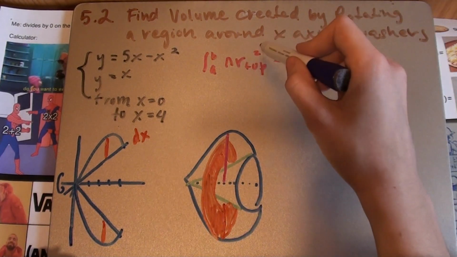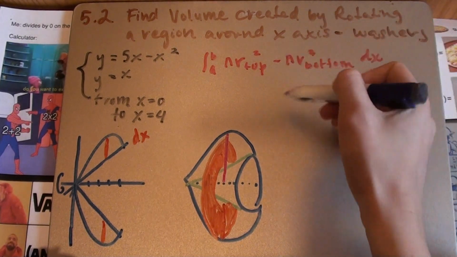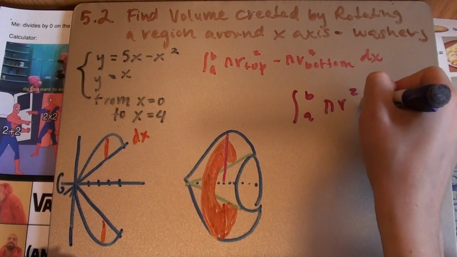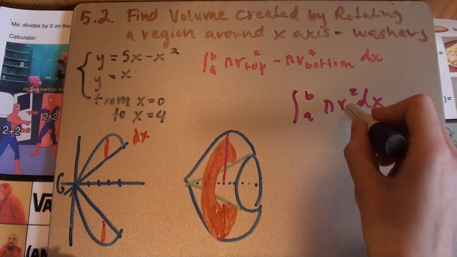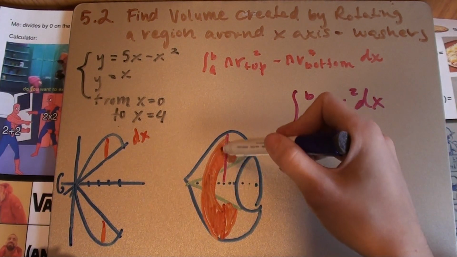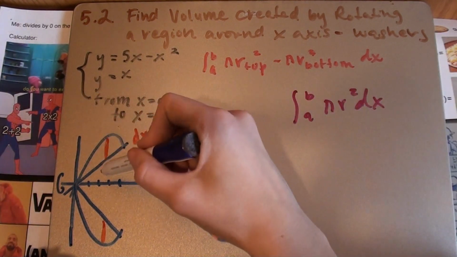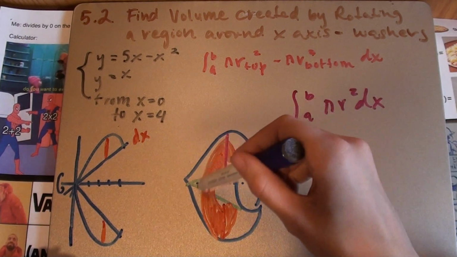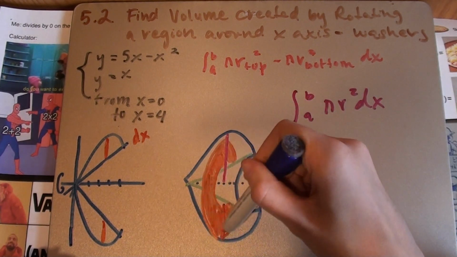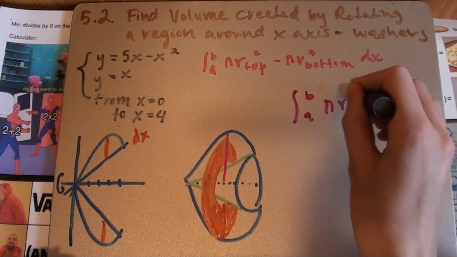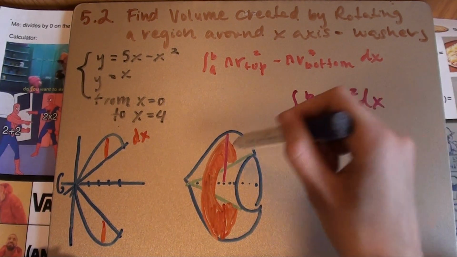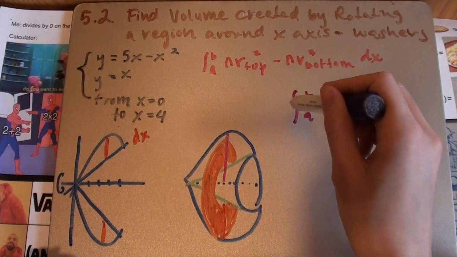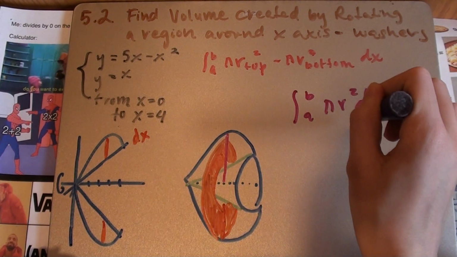Because for the disk we had, from a to b, pi r squared dx, where our radius was the distance from our axis to our function, because this whole thing makes a circle once we rotate it around our axis. We need to figure out the area of our circle, multiply it by the width of the disk, and when we integrate that, we got our volume.